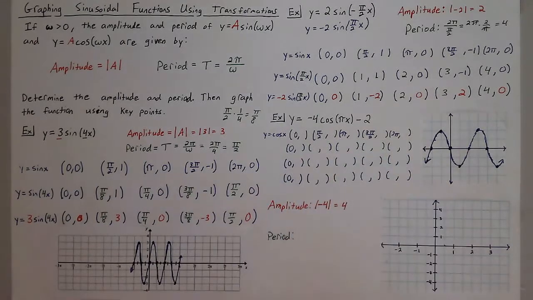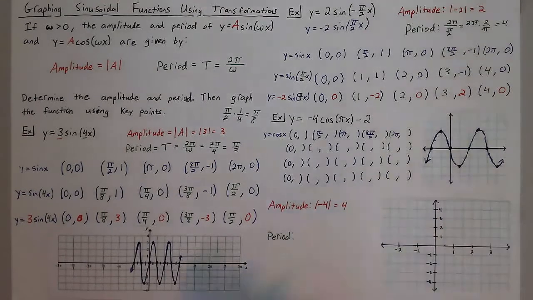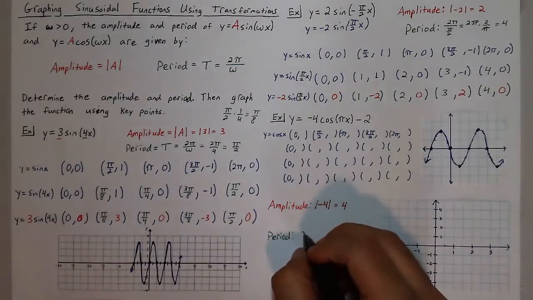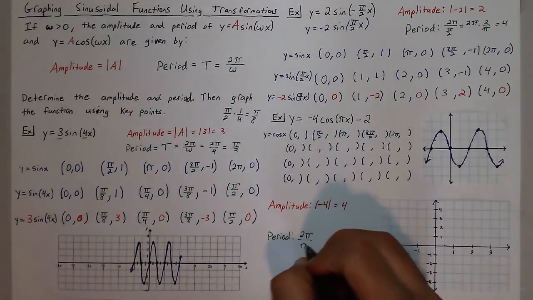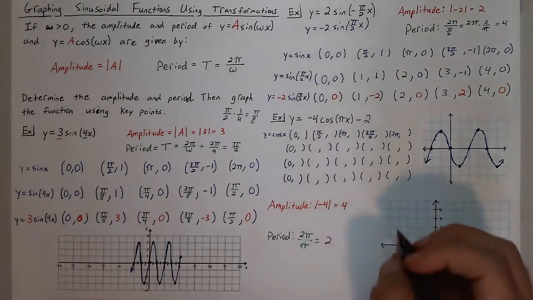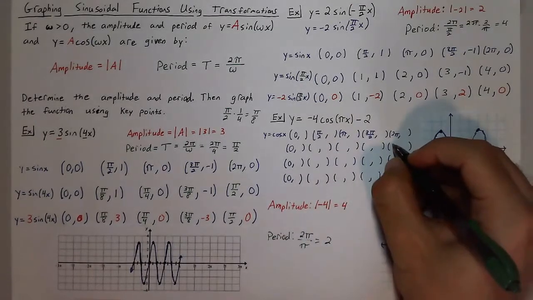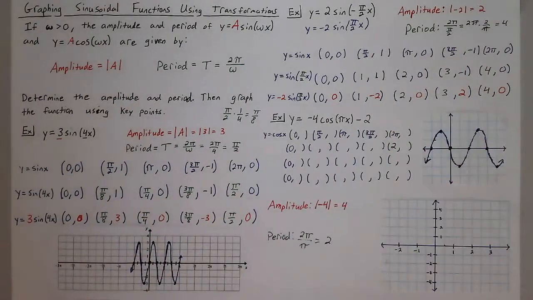So my amplitude is 4, so it's going to go as high as 4 and as low as negative 4. And then my period is going to be 2 pi divided by pi, which is 2. And then I'm going to use that 2 to figure out my key points.